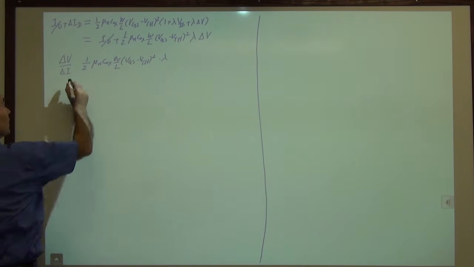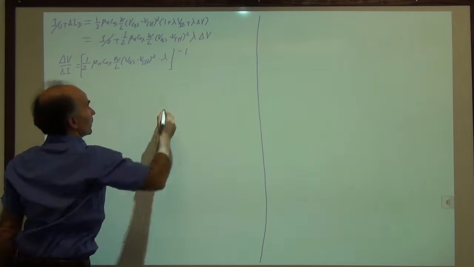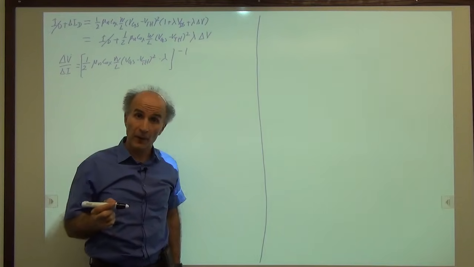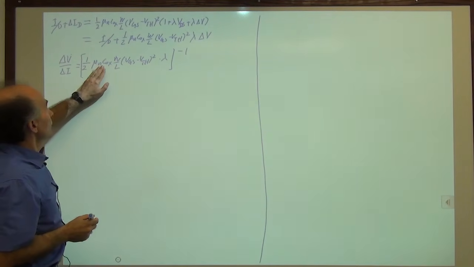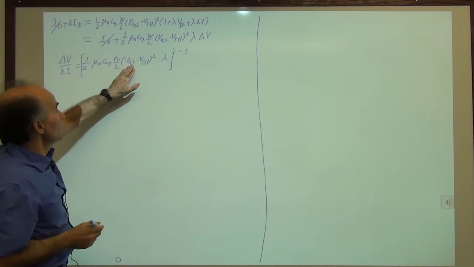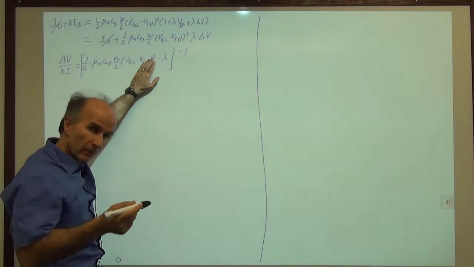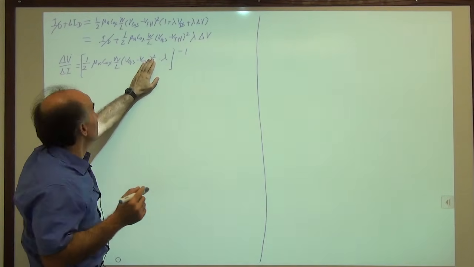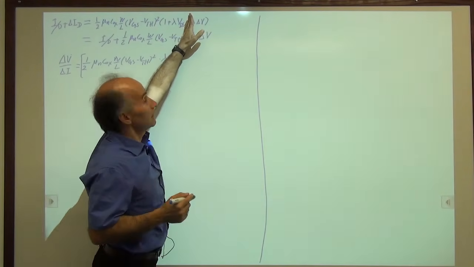Okay, we'll make an approximation now. We will say 1/2 of mu n C ox W over L (VGS minus VTH) squared is approximately equal to the drain current. The actual drain current is all of the stuff up to here, right?